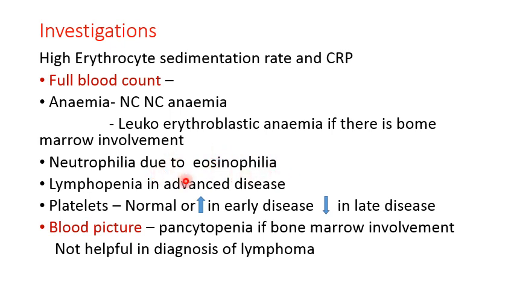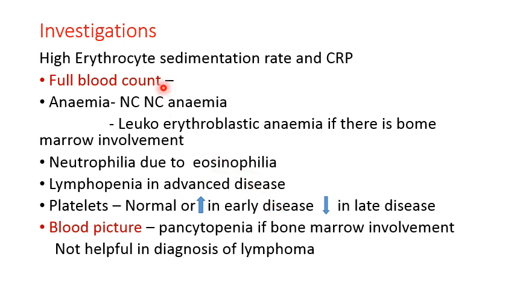So there is eosinophilia, and because of this the neutrophil count will be high. And then you might think that because it's a disease of lymph nodes, you can get lymphocytosis, but it does not happen. Actually, what you get is lymphopenia, especially in advanced disease.